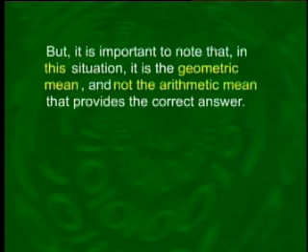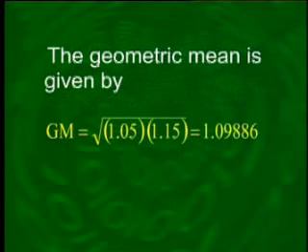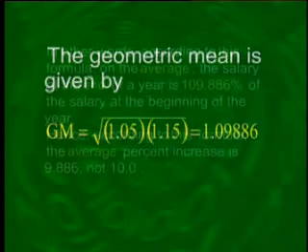In other words, according to this formula, the average annual increase is 10%. But students, it is important to note that in this particular situation, it is the geometric mean and not the arithmetic mean that provides the correct answer. The geometric mean of the two values 1.05 and 1.15 comes out to be 1.09886.